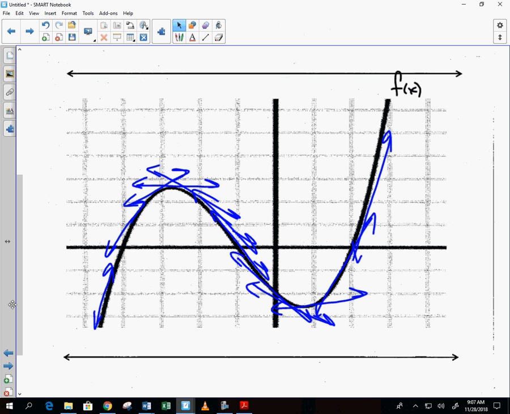All right, so these blue lines represent the derivative of the function at all sorts of spots. Now, the derivative, positive or negative? Positive. More positive or less positive? Less positive.